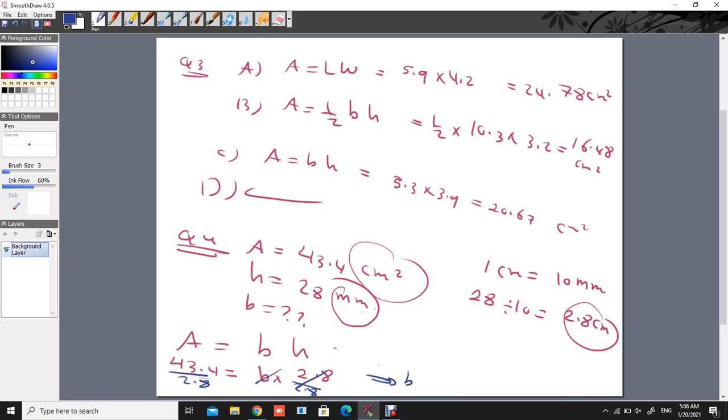Now B equals 43.4 divided by 2.8. So, dividing decimals, 43.4 divided by 2.8 equals 15.5 centimeter. This is the base of the parallelogram.